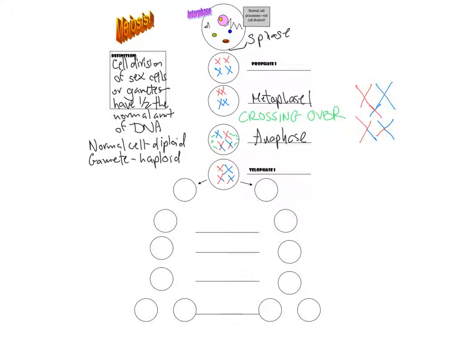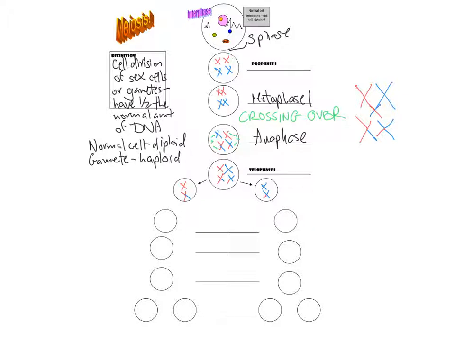Okay, so in telophase 1, now all of a sudden we're going to split off, but they're still X's. And so you'll have that over there, and then you'll have this one. So you see how now we've already got some diversity. All right, so telophase 1, and that ends phase 1 of meiosis.